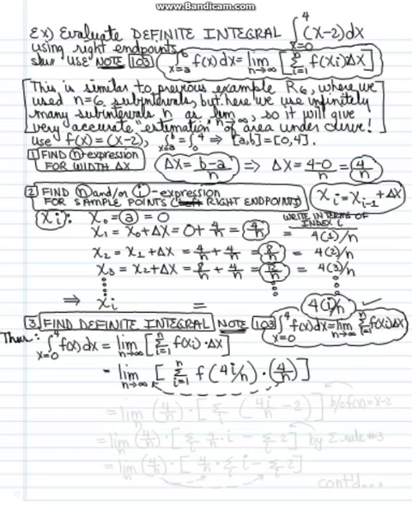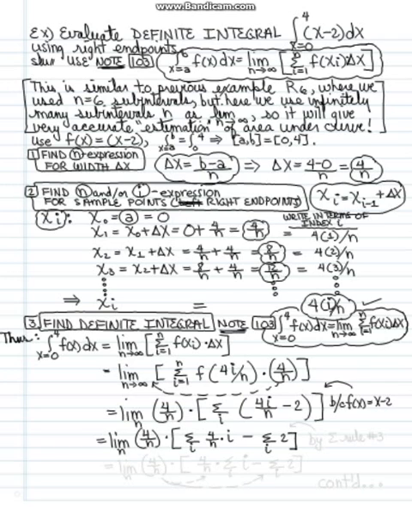Now, 4 over n does not depend on i, so we can bring it out in front of the sum, but not in front of the limit, because it does depend on n. So this is a limit over n of 4 over n times the sum over i of 4i over n minus 2. Where did that come from? That's true because the function was defined as f of x equals x minus 2. We just evaluated it. So that's a limit of 4 over n times the sum of 4i over n minus the sum of 2.